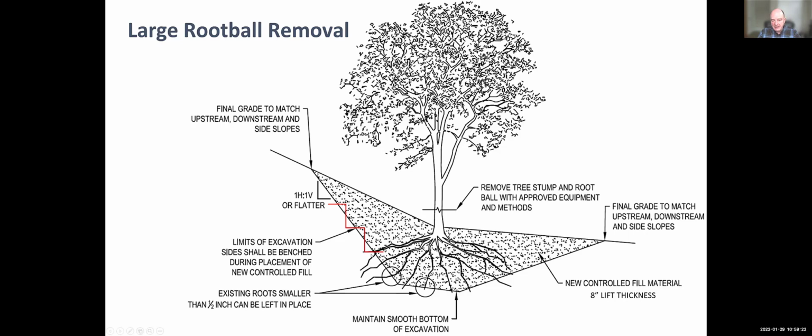This little red line shows you that you need to step those layers into the existing embankment, the existing dam over here, so that you have good compaction and a good fit between the existing embankment and your new soil. This all takes time, effort and care, and it's going to cost you money. If you can avoid this by making sure that tree never got that big in the first place, that's the best strategy.